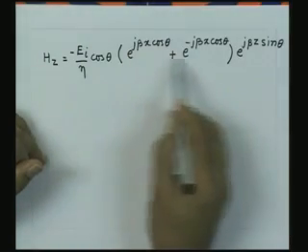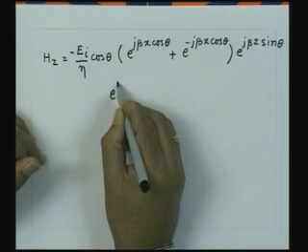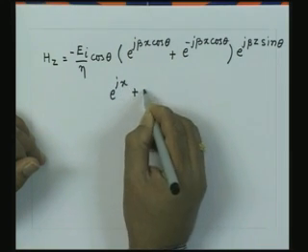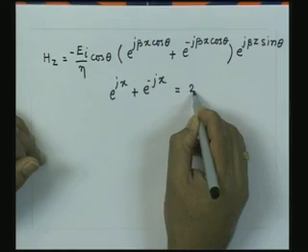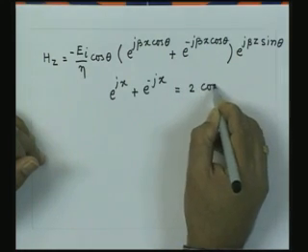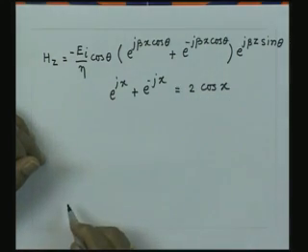Now I can again combine these two: e to the power jx plus e to the power minus jx is 2 times cos of x.